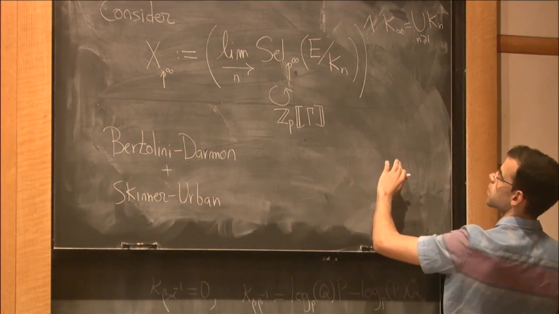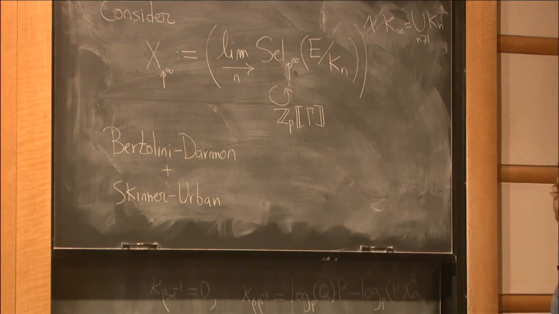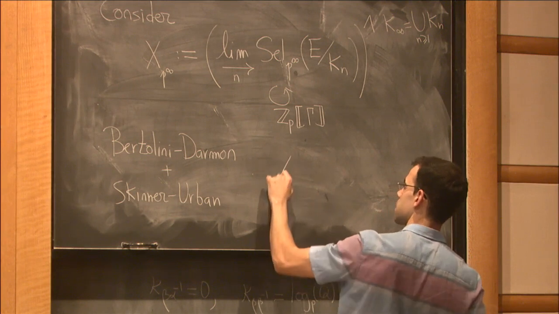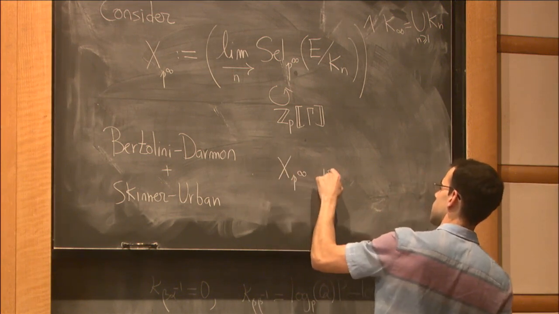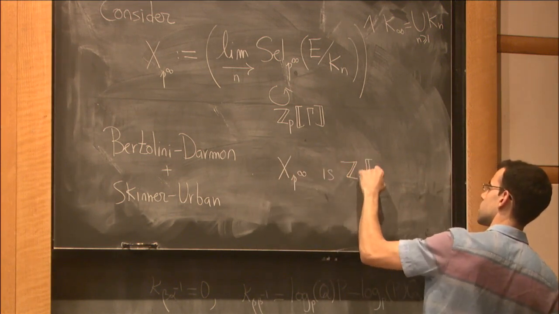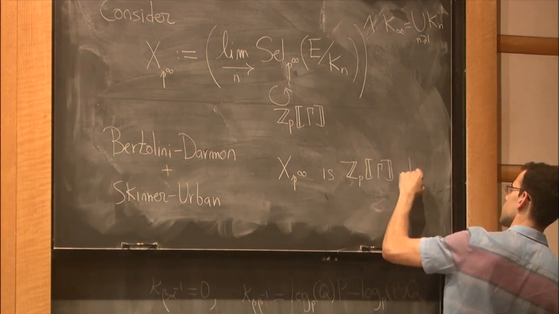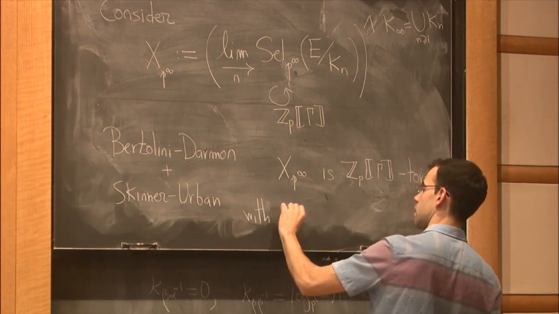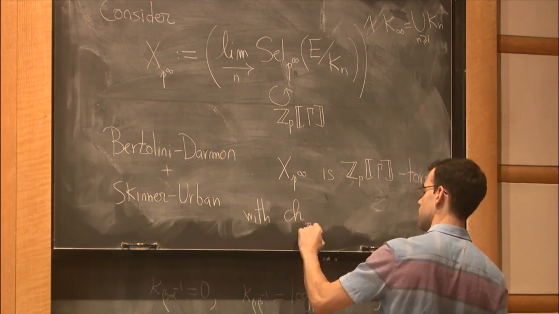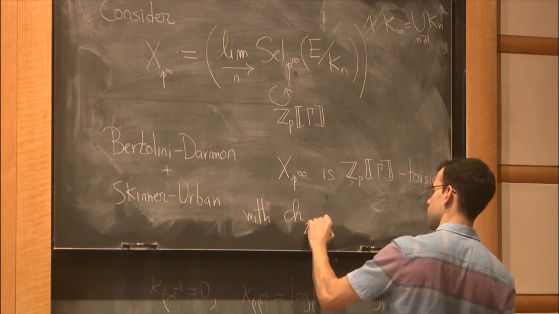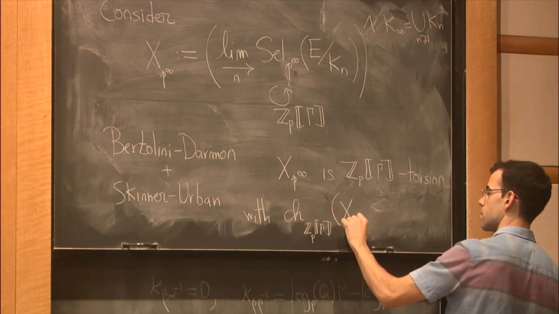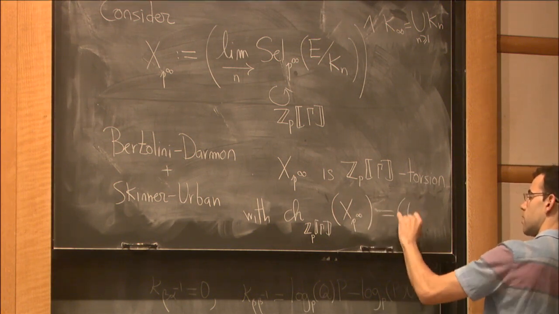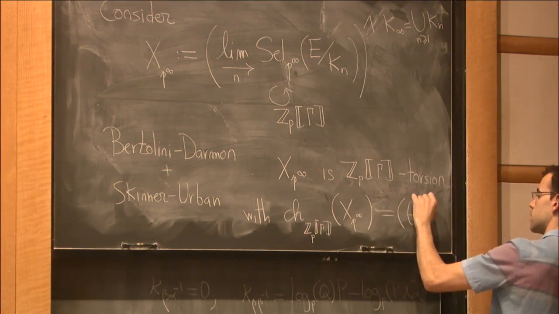So by this we know that X_{p^infinity} is torsion, with its characteristic ideal a principal ideal generated by the square of this p-adic L-function.